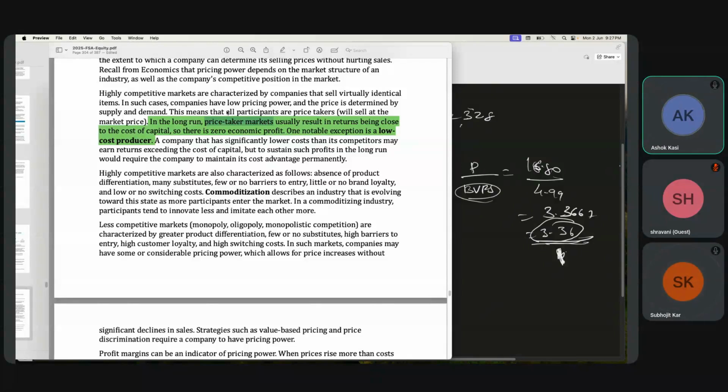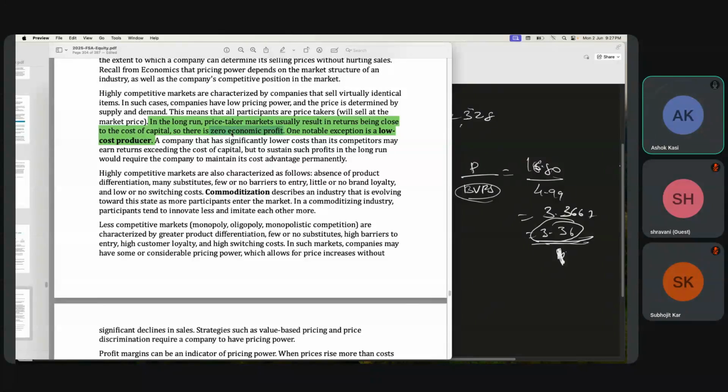That is an example of perfect competition. So easy entry, easy exit. In that case, they do not make abnormal profit. They just make normal profit. Zero economic profit means no abnormal profit. They just get paid for their labor charges, because they are standing there for 10 hours, 12 hours. Whatever amount they should earn, only that much they are earning.